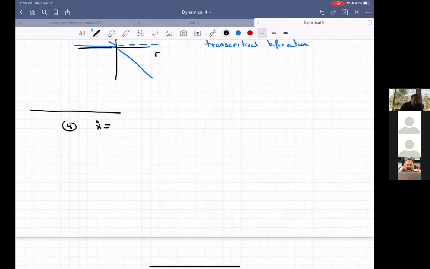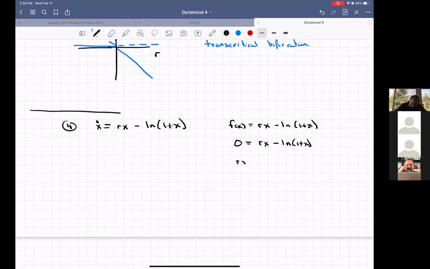4 says x dot is Rx minus the natural log of 1 plus x. Okay, so I'm going to define f of x to be Rx minus ln of 1 plus x. I need to solve 0 equals Rx minus ln of 1 plus x.